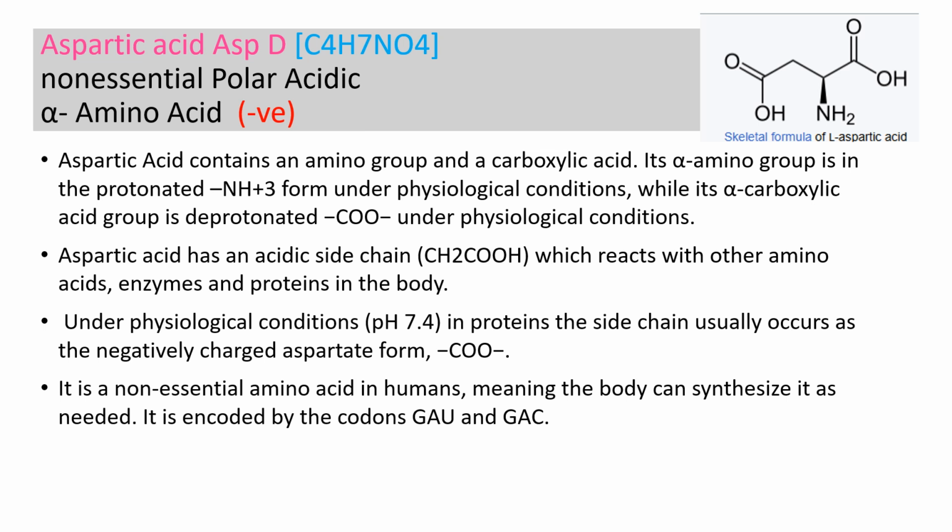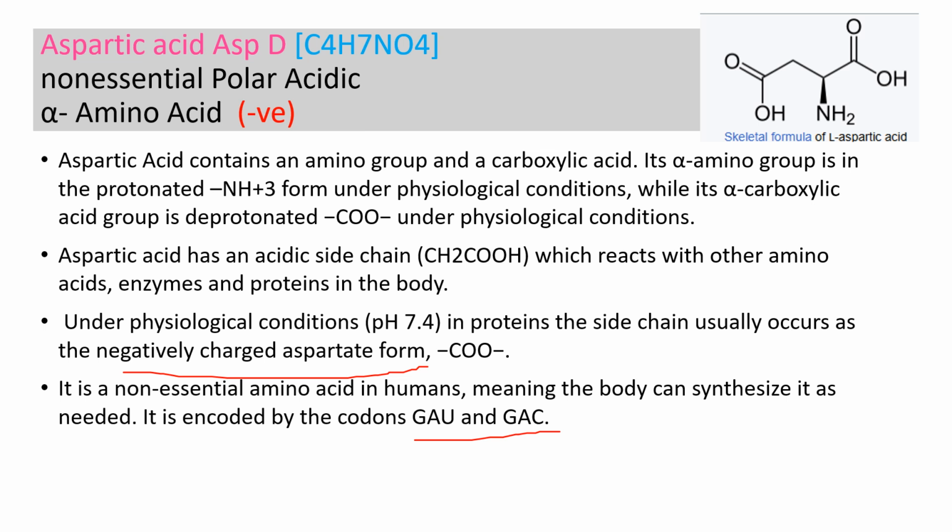Aspartic acid has an acidic side chain, CH2COOH, which reacts with other amino acids, enzymes and proteins in the body. Under physiological conditions, pH 7.4, in proteins the side chain usually occurs in the negatively charged aspartate form, COO-. It is a non-essential amino acid. The body can synthesize it as needed, and it is coded by codons GAU and GAC.